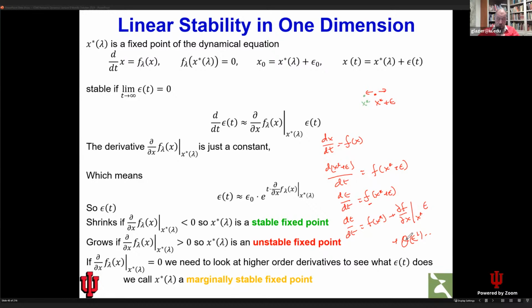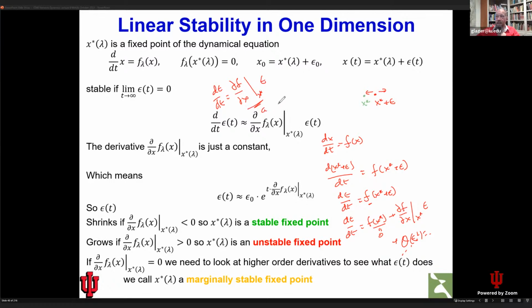That's the Taylor approximation. Okay. And I'm going to neglect the higher order term. This is 0 because that's the definition of a fixed point. So I'm left then with d epsilon by dt is equal to df by dx, evaluated at x star, times epsilon.